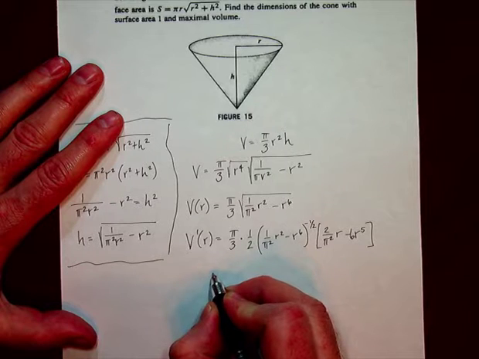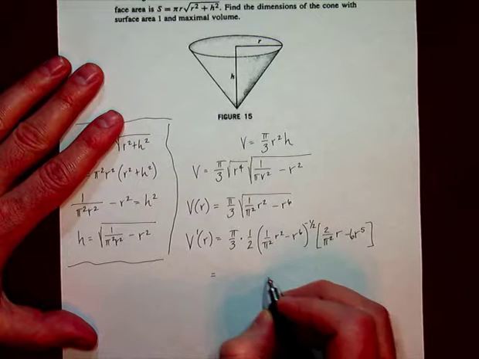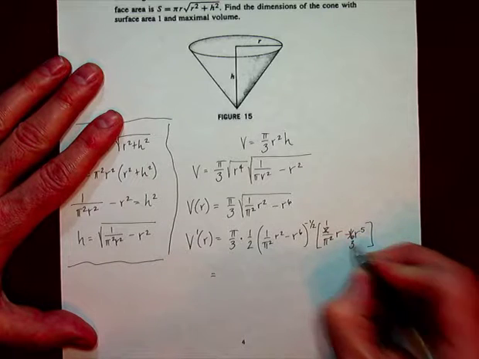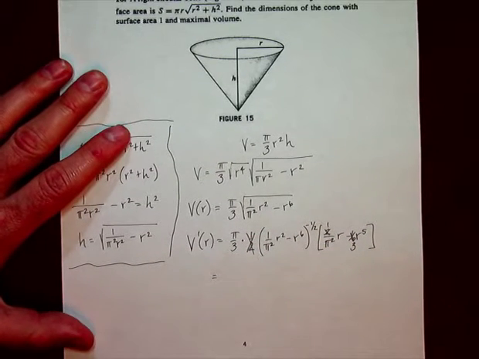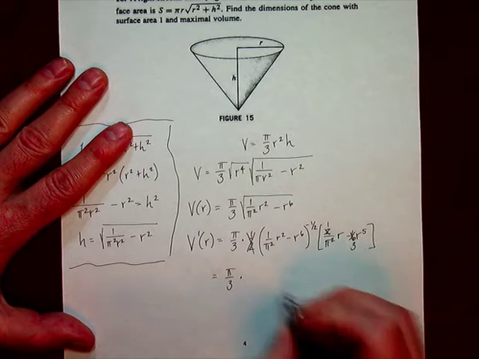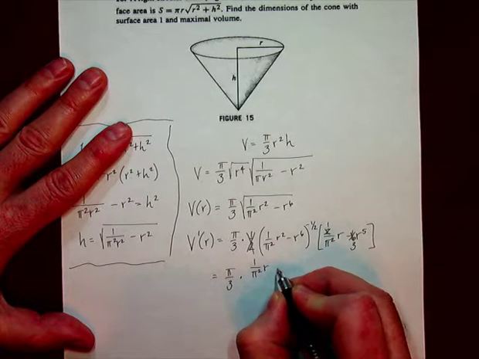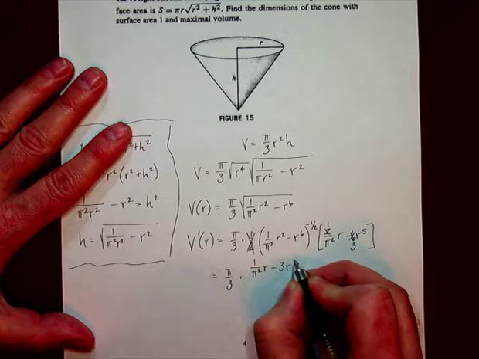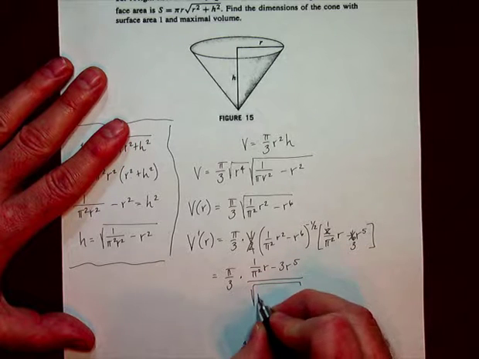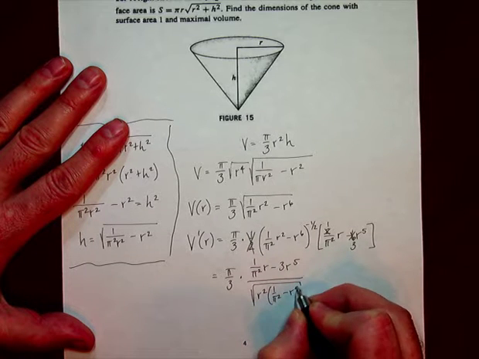Let's go ahead and simplify things just a little bit. I know that I can take this 2, take a 2 from in here, and get rid of that 1/2. That's going to make things a little bit easier. Not a ton, but a little bit easier. Pi over 3, and I'm going to have 1 over pi squared r minus 3r to the 5th, all of that over the square root, and I'm going to do a little factoring within this radical down here.